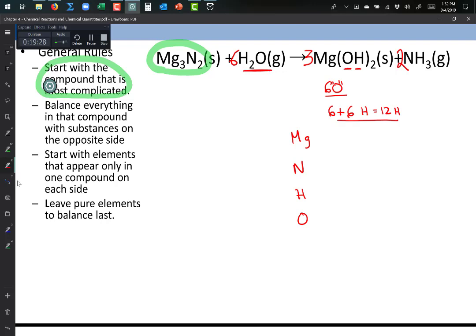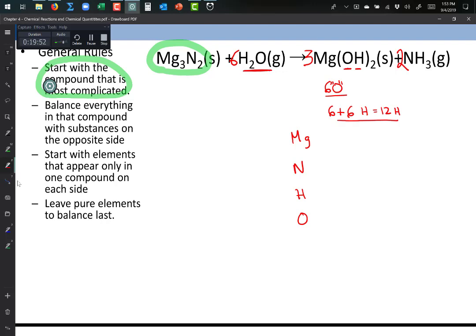Now, just as a side note, start with elements that appear only in one compound on each side. It would have been bad for me to start with H2O to try to balance, because there's H's in magnesium hydroxide and H's in NH3, and now you have 2 variables you're working on the right side trying to balance one variable on the left side. It's just much harder to do.